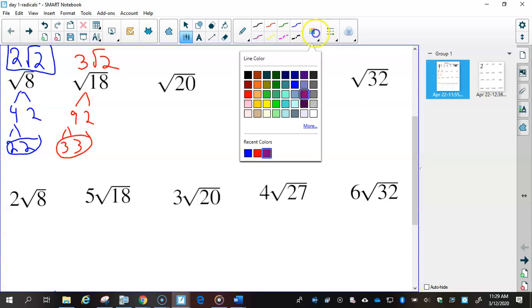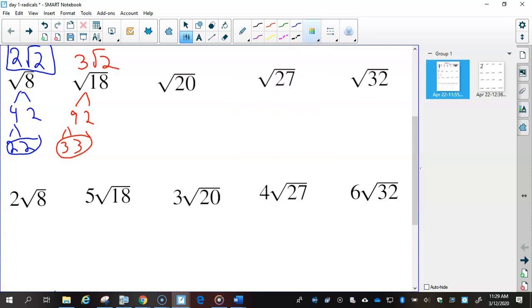Now, because as you get higher in numbers, you have more factors, it doesn't matter which factors you choose as long as you simplify it all the way. So let's say we did 6 and 3 instead. Could we break either one of these down?